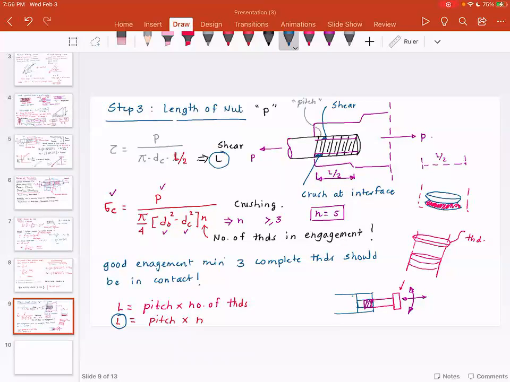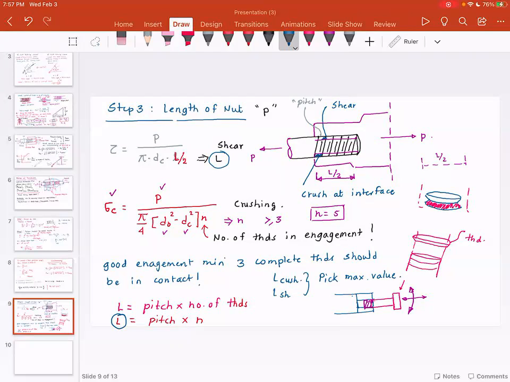And you will pick the maximum value out of the L obtained from crushing failure and L obtained from shear failure. And that will make sure that your design is safe.